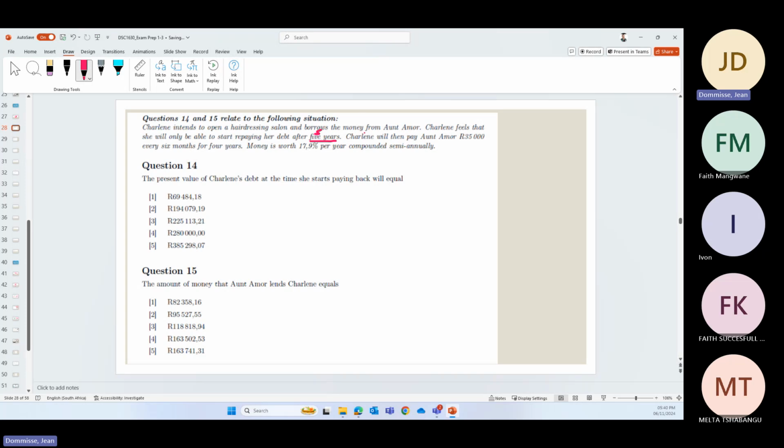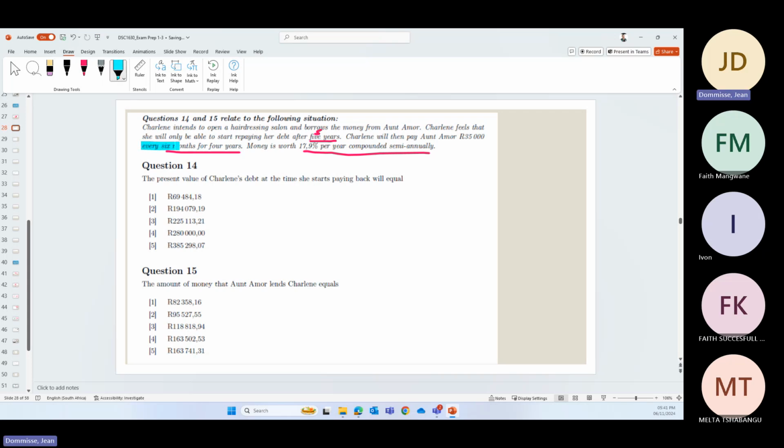Sometimes I also miss it when they say the 5 in a word and not in numbers. So then Charlene will pay Aunt 35,000 every 6 months for 4 years. Money is worth 17.9% per year, compounded semi-annually. Okay, so a few things that are sometimes misleading.